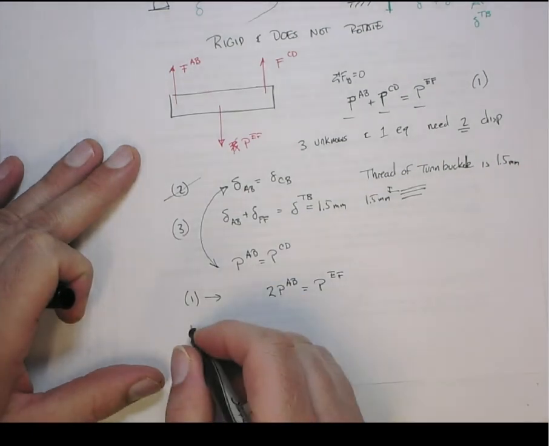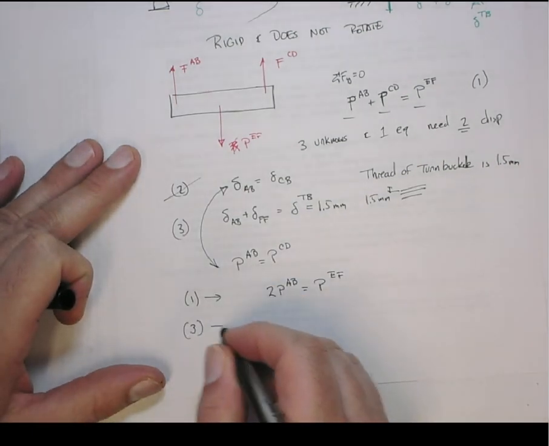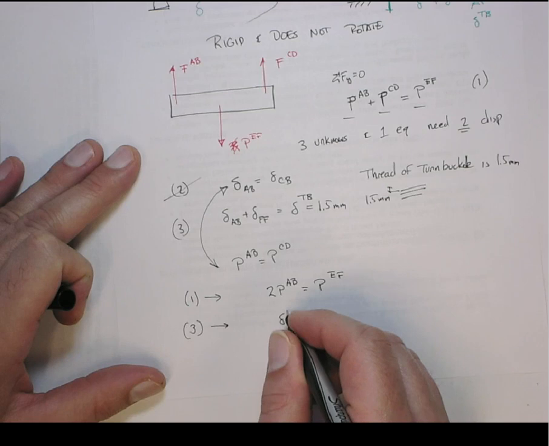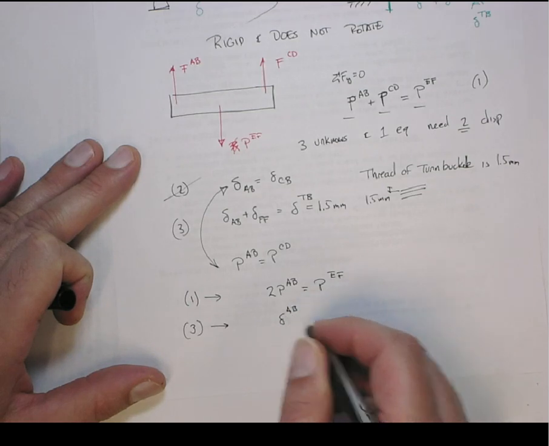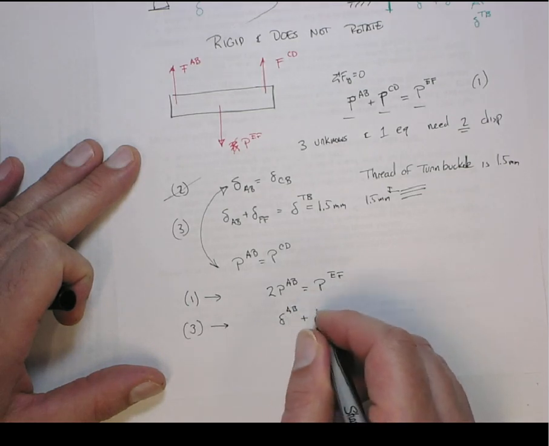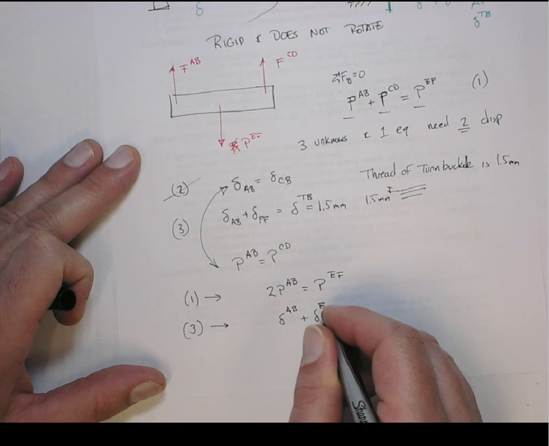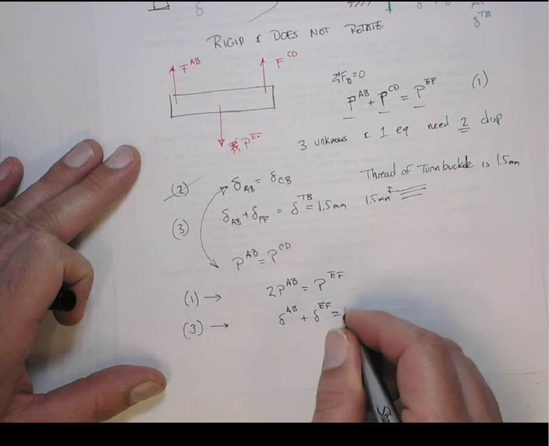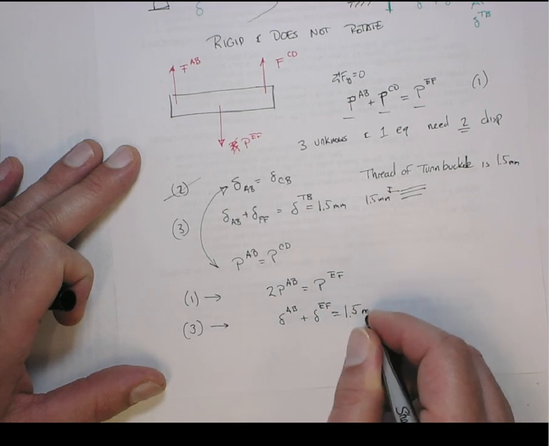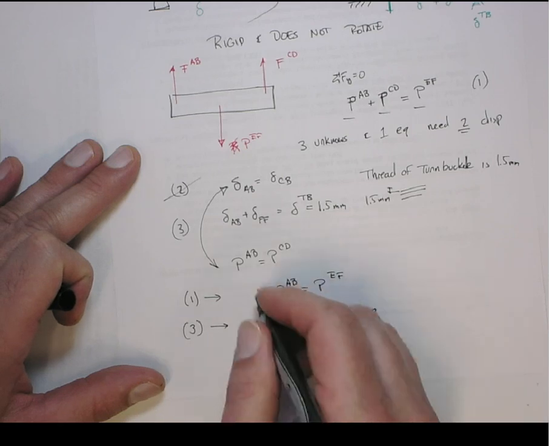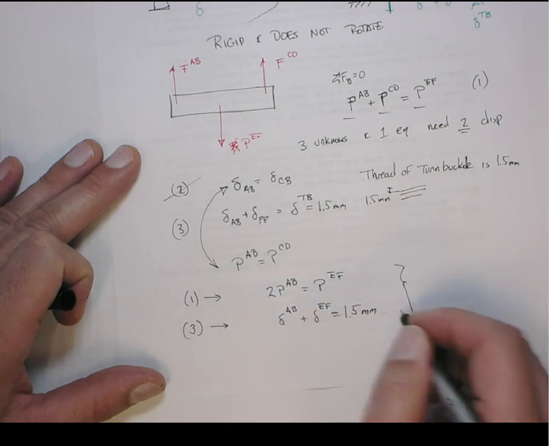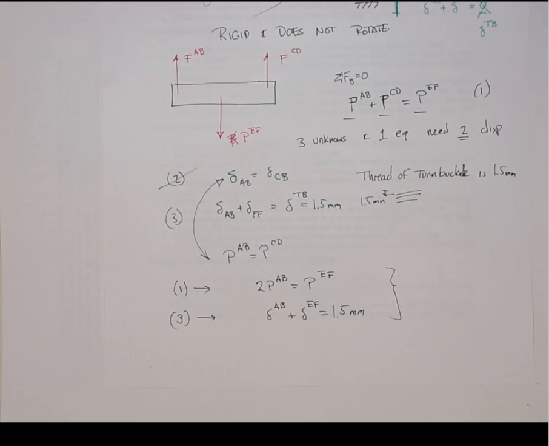And then equation 3 now becomes delta AB plus delta EF equals 1.5 millimeters. Okay? So those are the 2 equations I'm going to use. So I've kind of eliminated 1 equation.